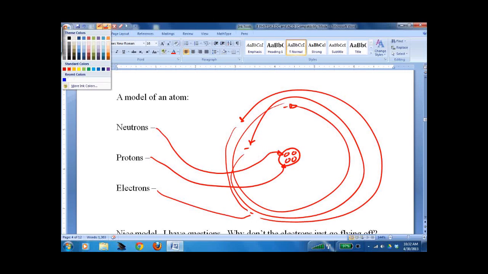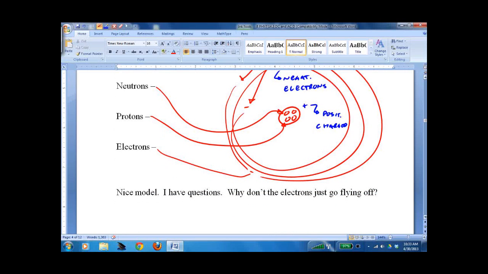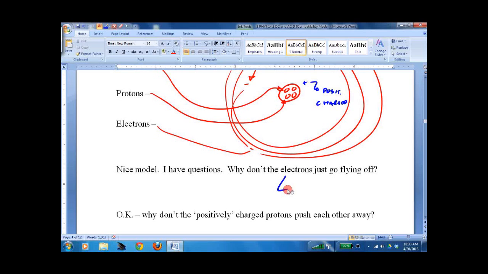The thing to remember is that the nucleus is positively charged, and the electrons are negatively charged. And the electrons want to come flying in and crash into the nucleus, but instead they're zooming around so fast, just like the planets in the solar system, that they don't. So that's what keeps the electrons from flying off, the electromagnetic attraction.